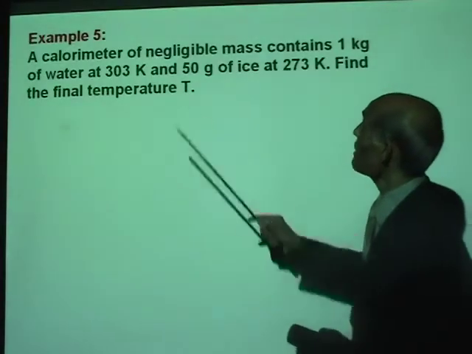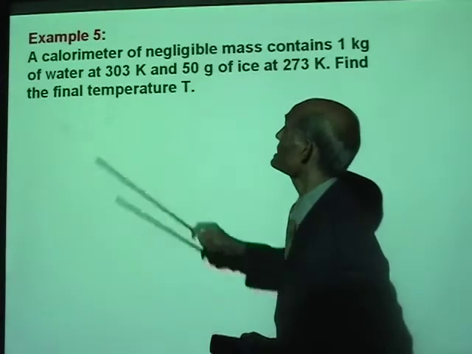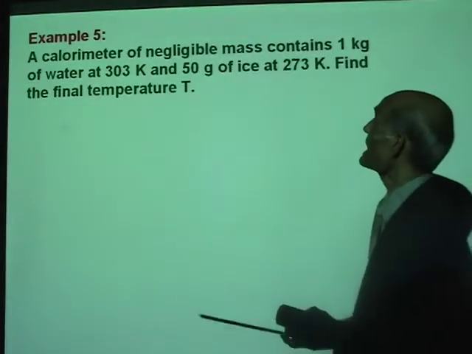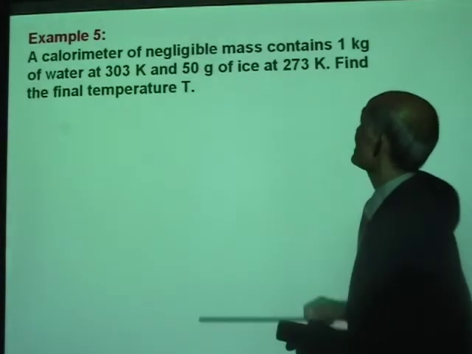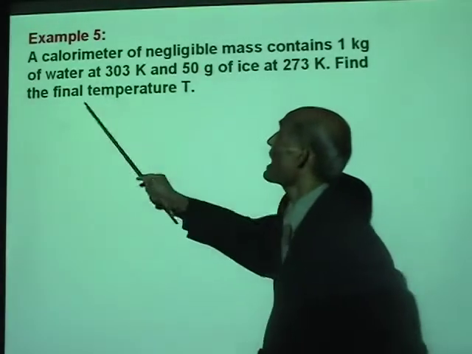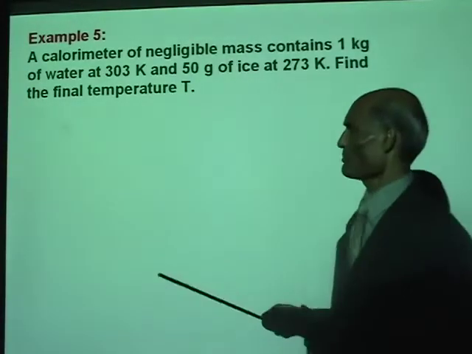A calorimeter of negligible mass contains 1 kilogram of water at 303 Kelvin and 50 grams of ice at 273 Kelvin. Find the final temperature T. This is almost the same principle.